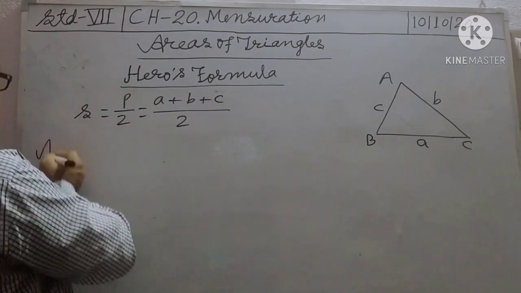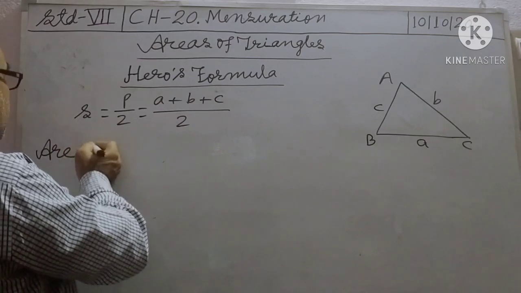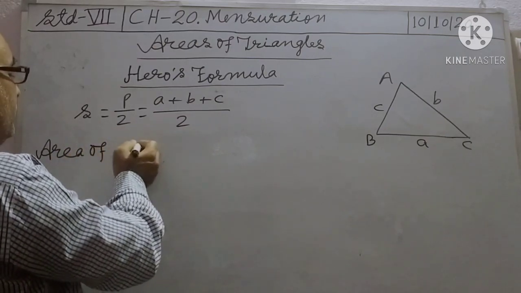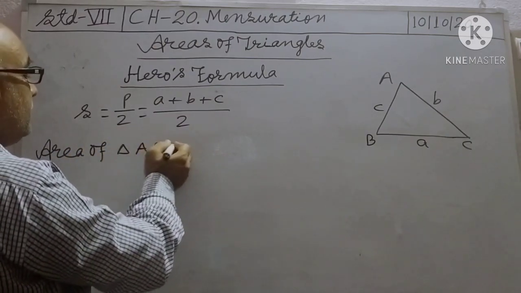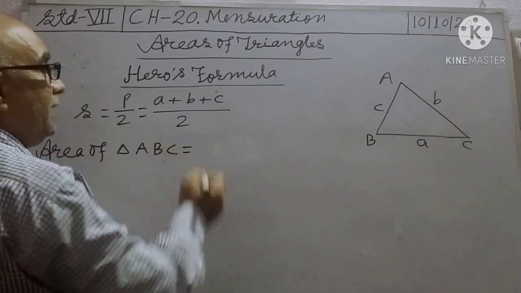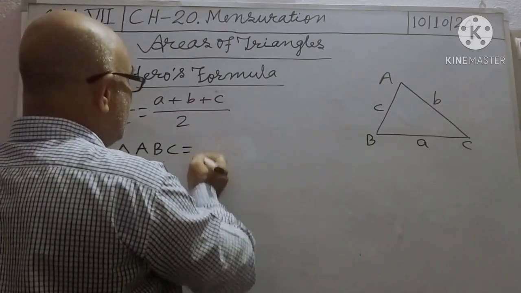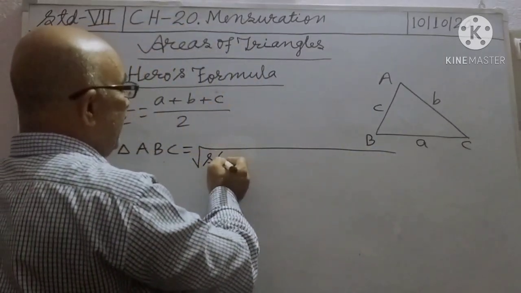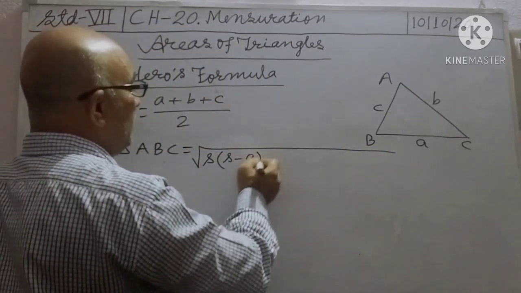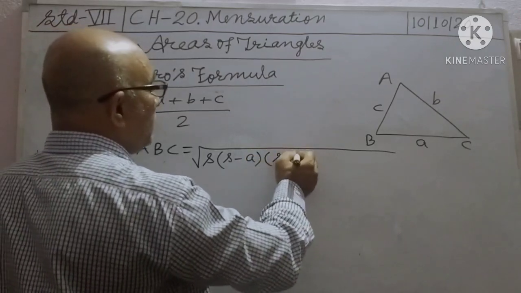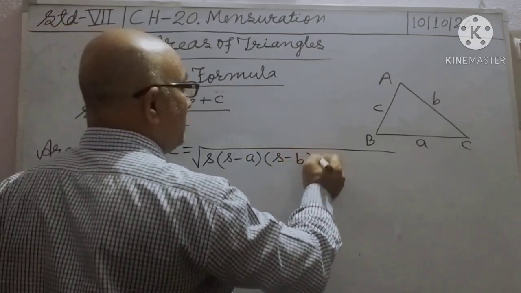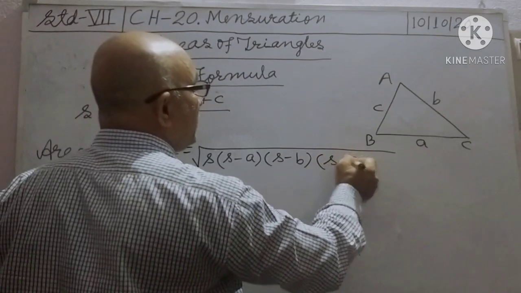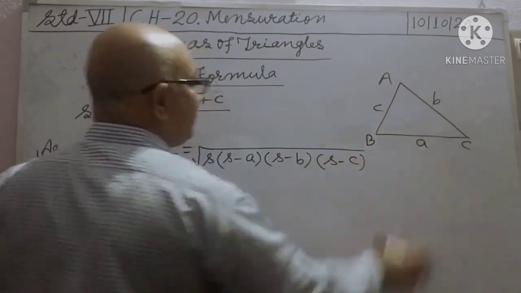So area of triangle ABC equal to under root s into s minus a into s minus b into s minus c.